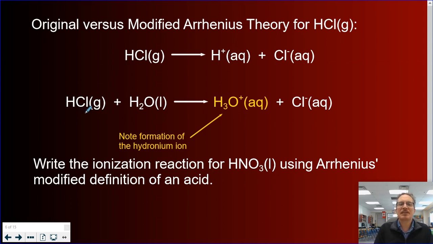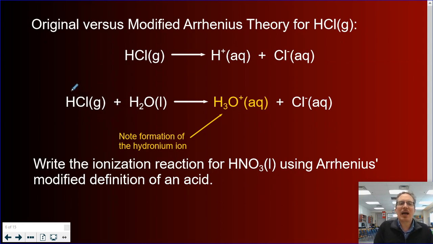So his modified definition is, let's put everything in there, right? We have our HCl or acid, but floating around in this container also is our H2O, our water, because when you look up an acid, the state of an acid is aqueous, meaning it contains water. So get the water in the beaker.